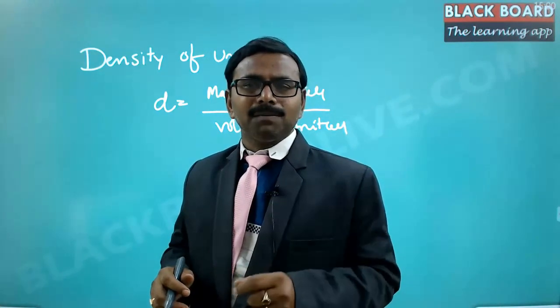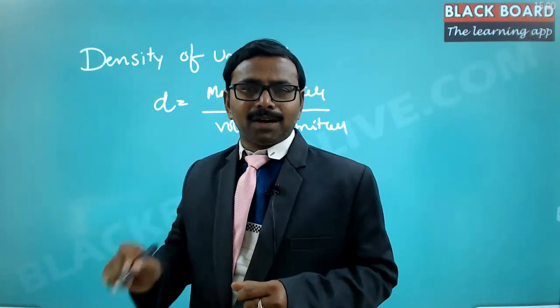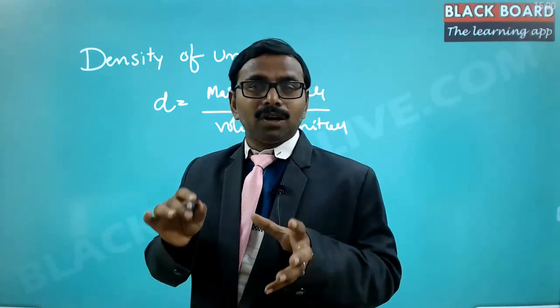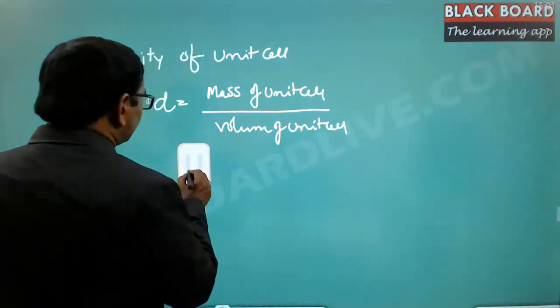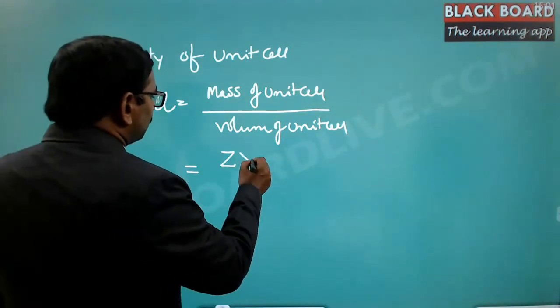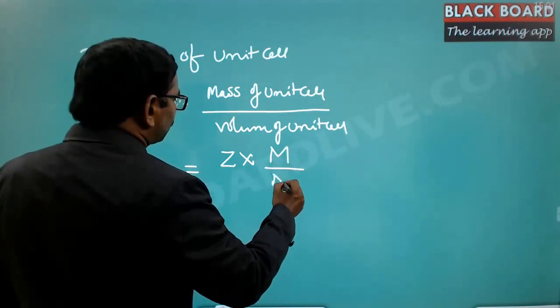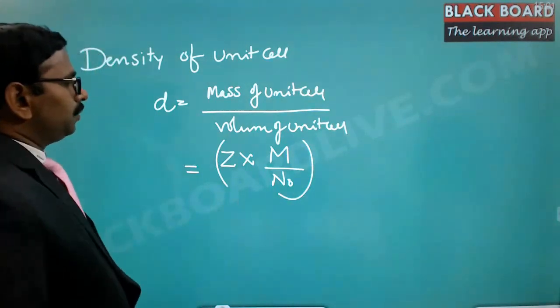Weight of a single atom is equal to gram atomic weight divided by Avogadro number. And the number of atoms is Z. Therefore, total mass is equal to Z into gram atomic weight by Avogadro number. This is the total mass of the unit cell.